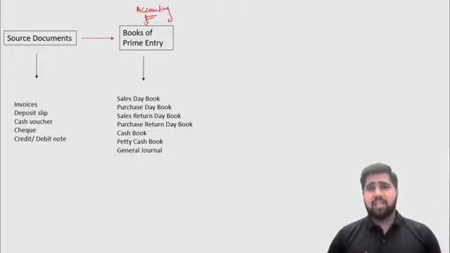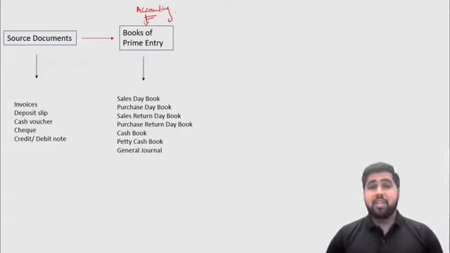Petty cash, if there's a company that is maintaining a separate petty cash, that means a small amount of cash used for daily expenses. For example, the office needs tea, coffee, stationery, paper to print, right? Stuff like this. So if you have a petty cash balance, for example, for lunch and for reimbursing the vouchers to the employees, you keep a separate book of prime entry for this petty cash, okay?